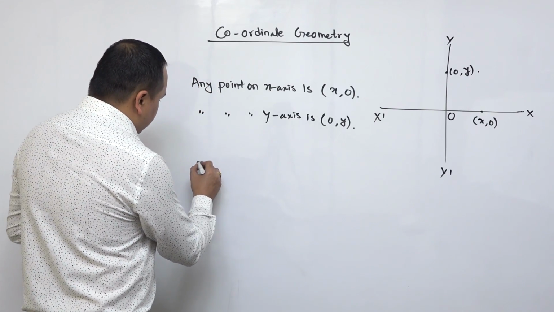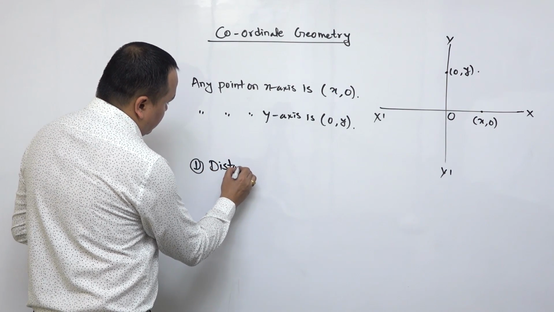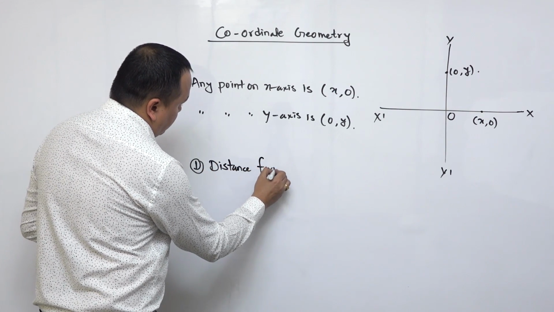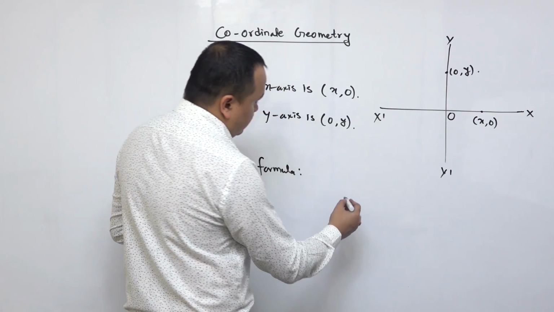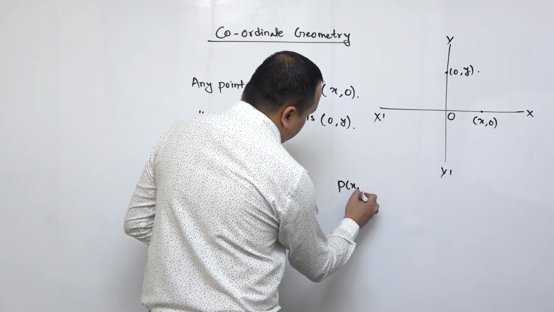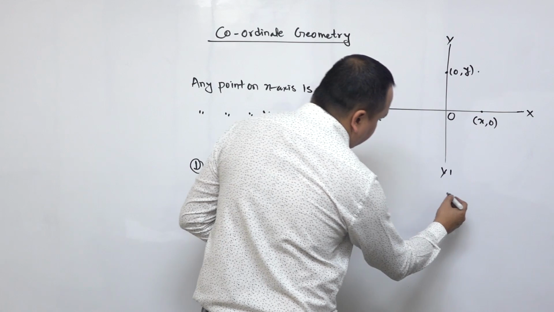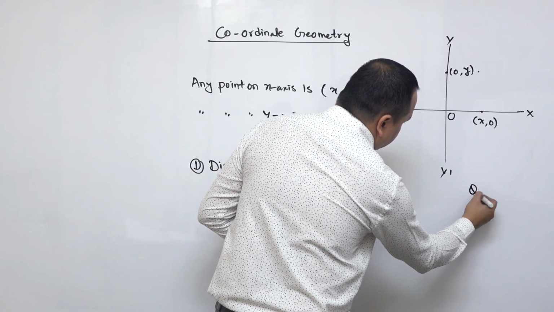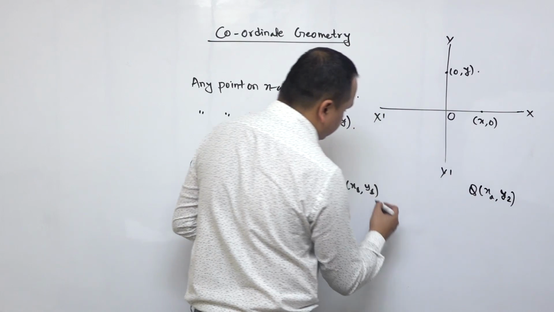The distance formula. Suppose P(x1, y1) be any point and another point Q(x2, y2).